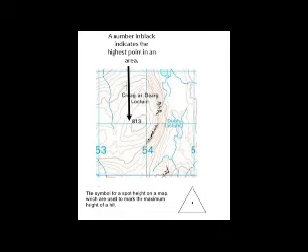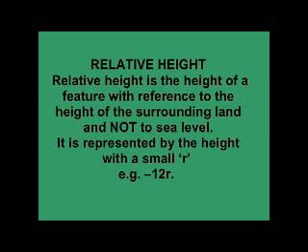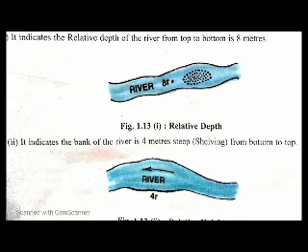In the next picture, you can see a number in black indicates the highest point in an area. The next we come to the relative height. Now the relative height is the height of a feature with reference to the height of the surrounding land and not to sea level. It is represented by the height with a small r. Example 12r. Now let's see some of the examples of relative height.